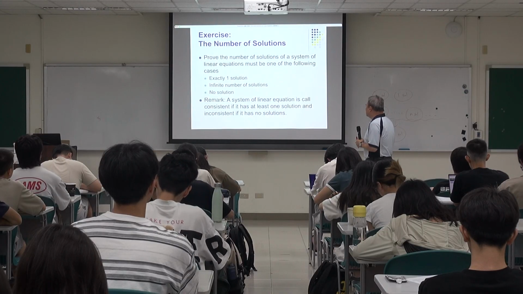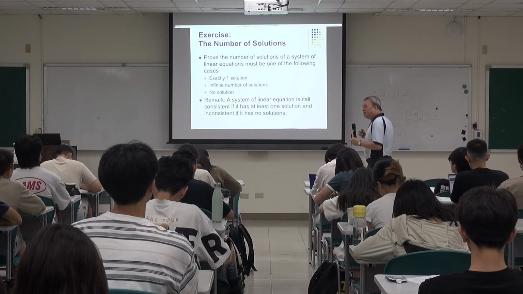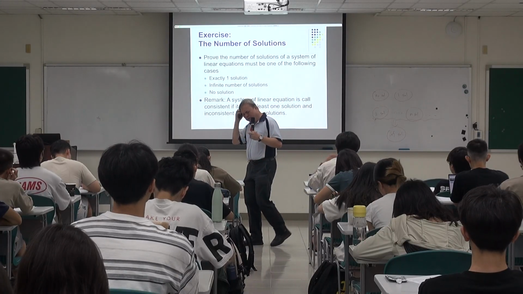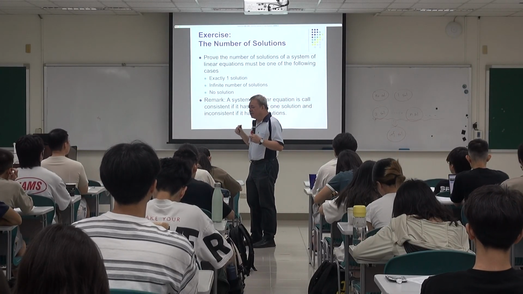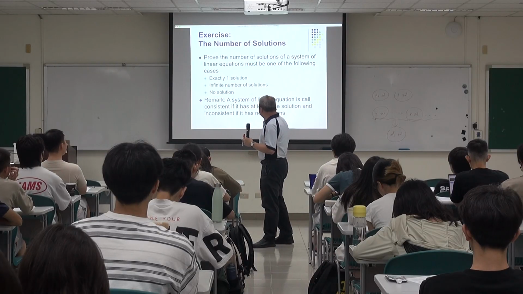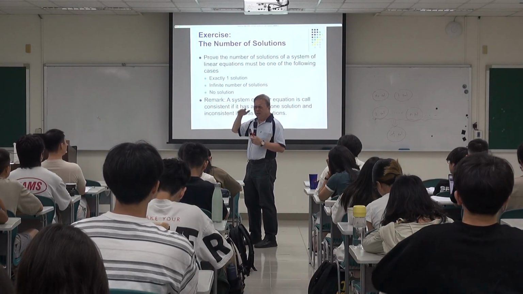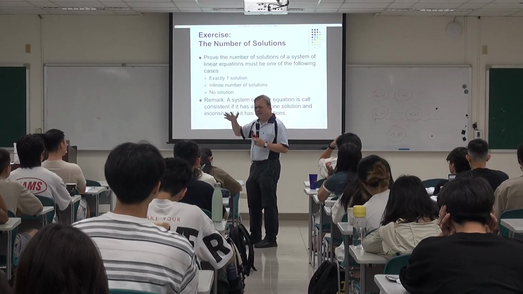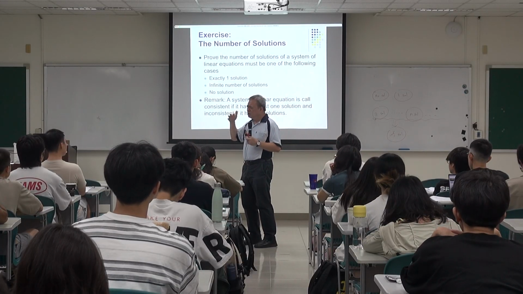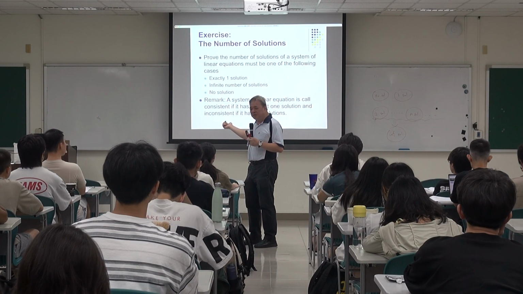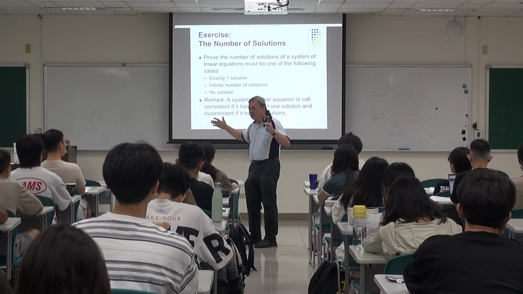So a system, of course, is still geometric. Each of these equations, in some sense, represents a certain shape. If you have n variables, that's n-dimensional, right?